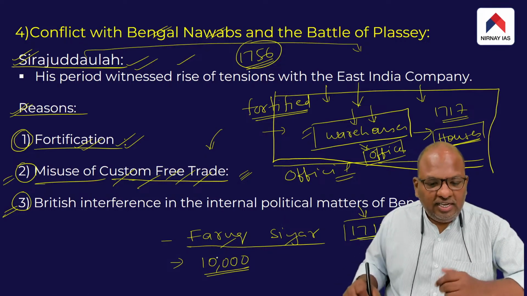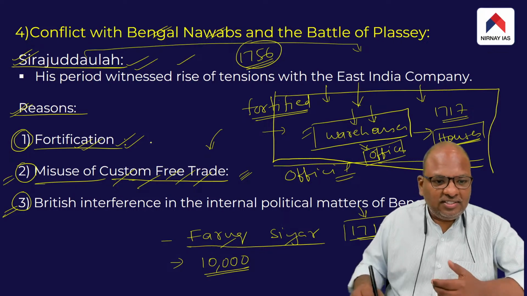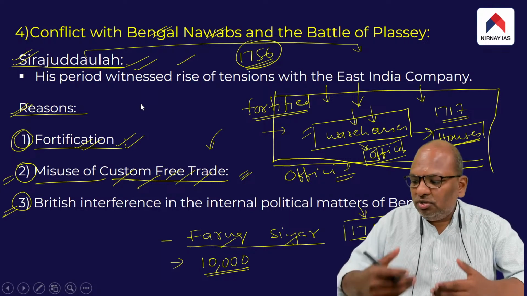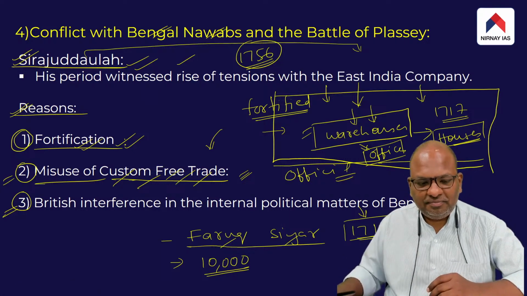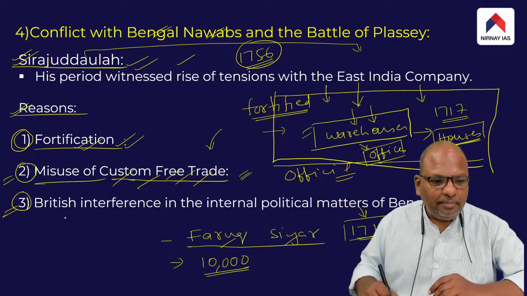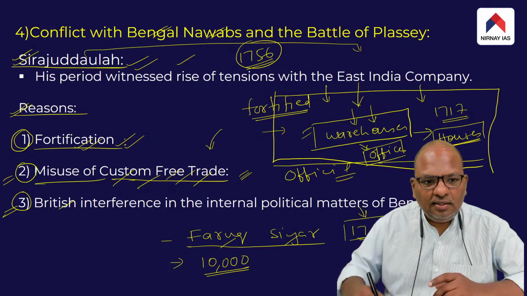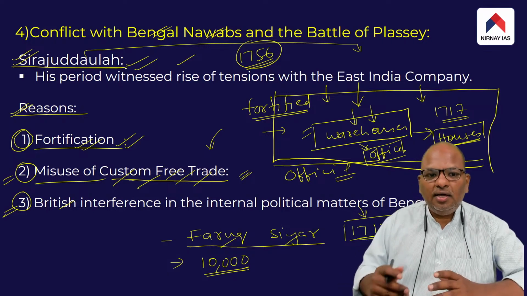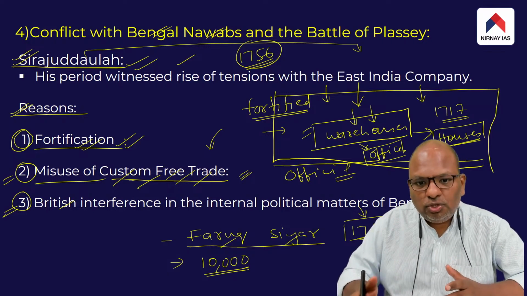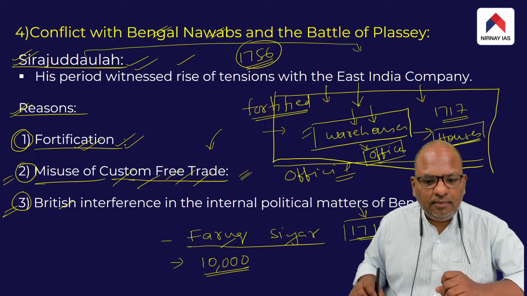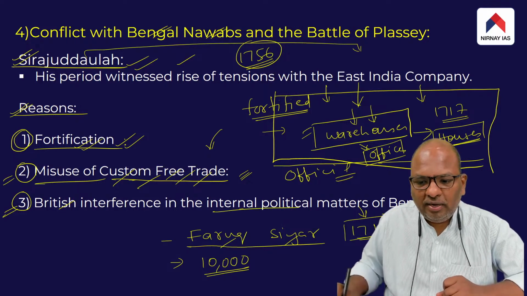So the British began encouraging, in other words instigating, the cousin of Sirajuddaula to lay claims to the throne of Bengal. So the British started interfering in the internal political matters of Bengal.